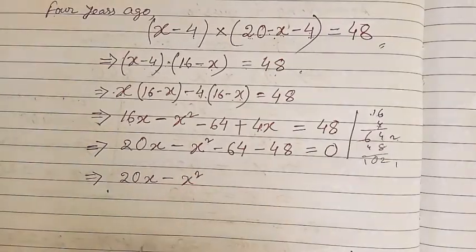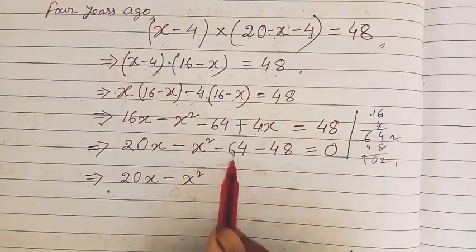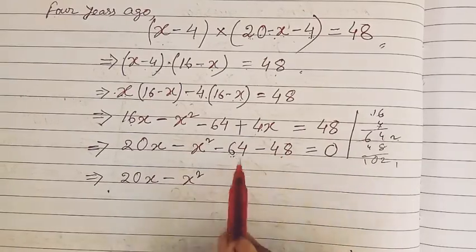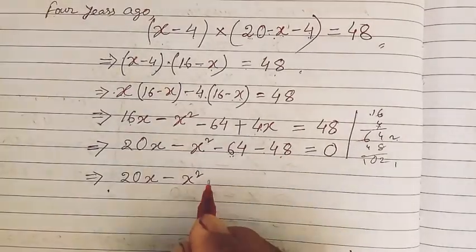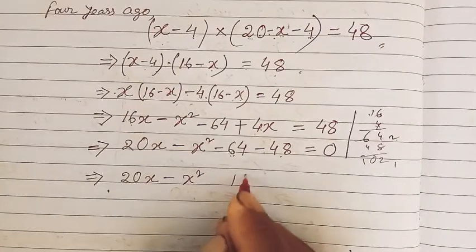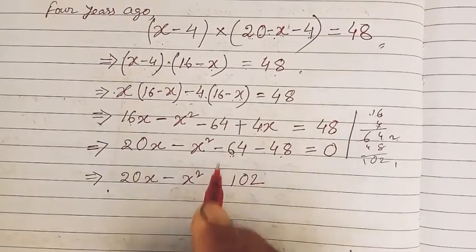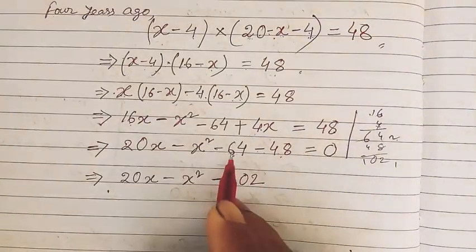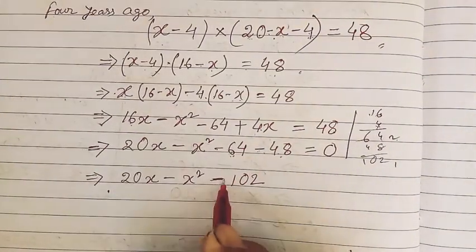20x minus x square remains the same, and minus 64 minus 48 we can calculate: you will get minus 112, the sign will be minus. Remember, when you add all the negatives, it remains negative.